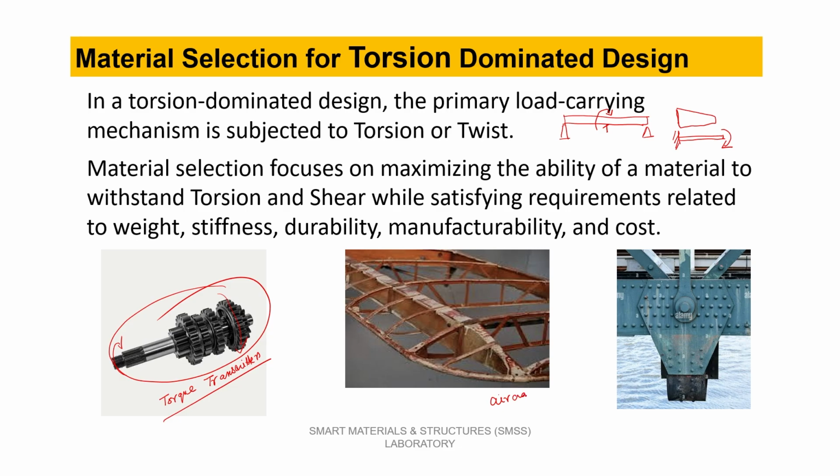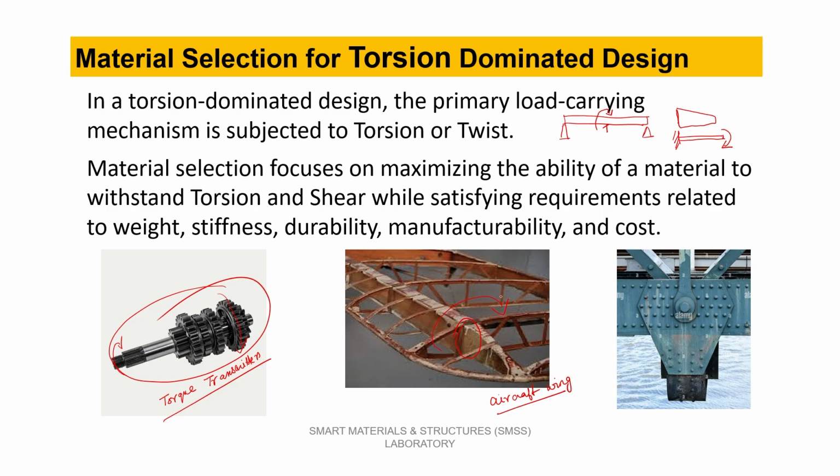This is an aircraft wing, and here, for example, this is the vertical wedge part of the aircraft wing, and as the aircraft is moving, its edges, due to vortex, etc., are going to get a twist.